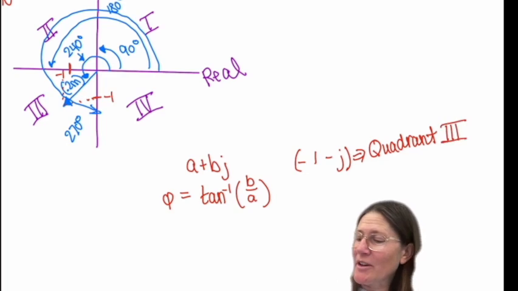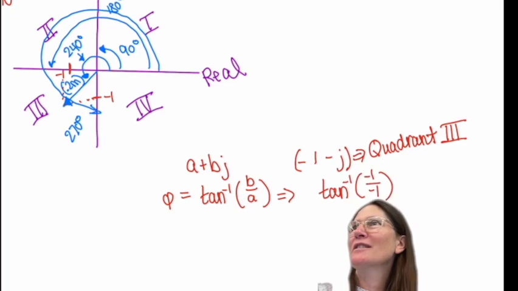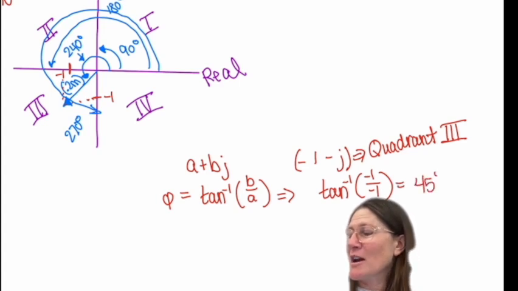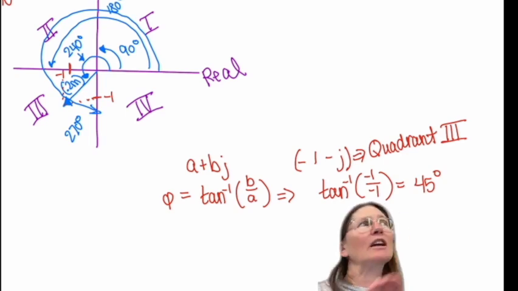If I put this in my calculator, what is that going to give me? It's going to give me actually positive 45 degrees. Is that correct? No. So you need to be aware of where you are on this plane because you have to get the right angle.